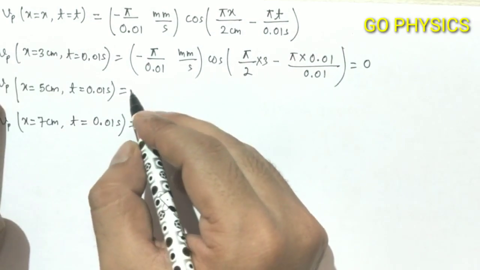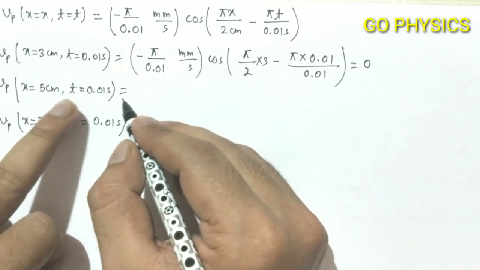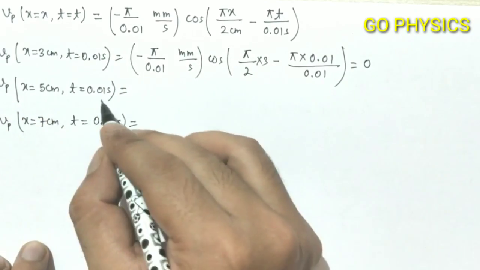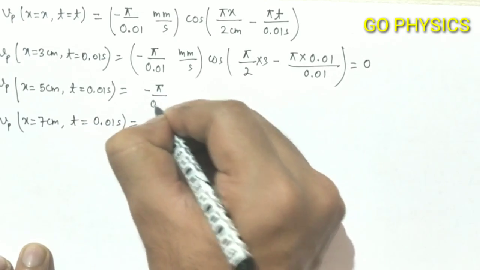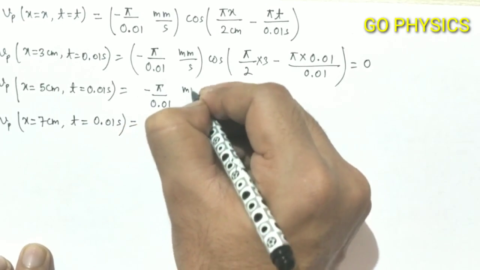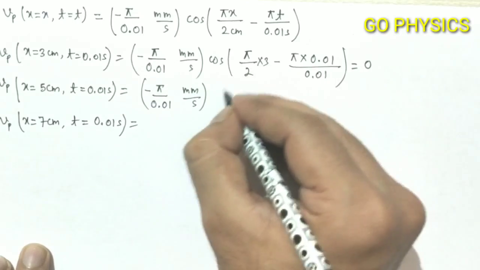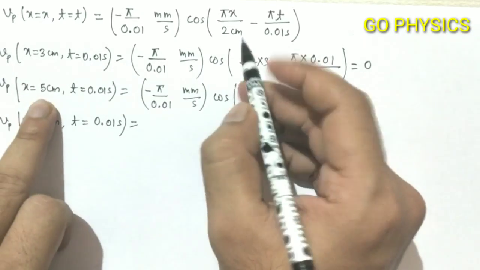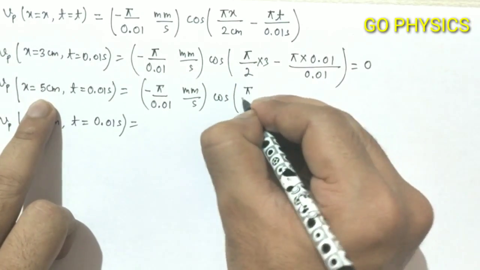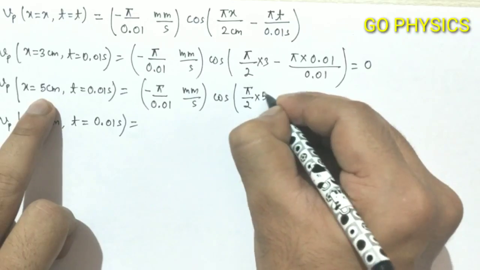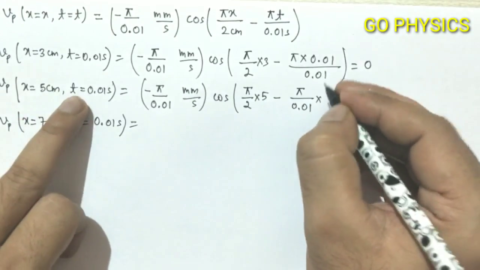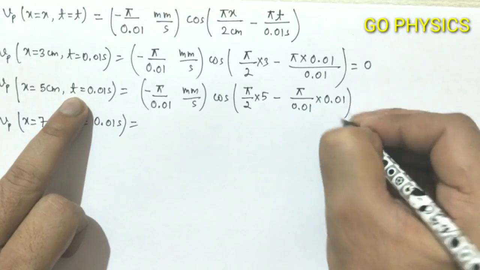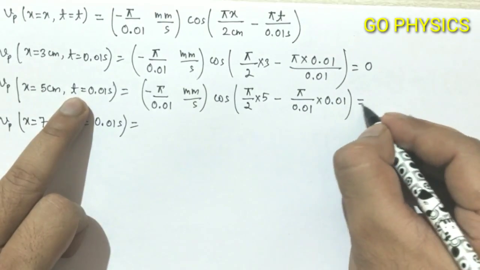Now see for velocity of particle at x equal to 5 centimeter and time equal to 0.01. Substitute these values in the general equation we got earlier. So minus pi by 0.01 millimeter per second into cos, pi by 2 into x, 5, minus pi by 0.01 into time 0.01. Again simplify this, it will come out 0.